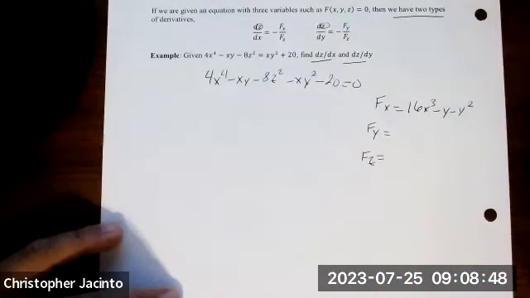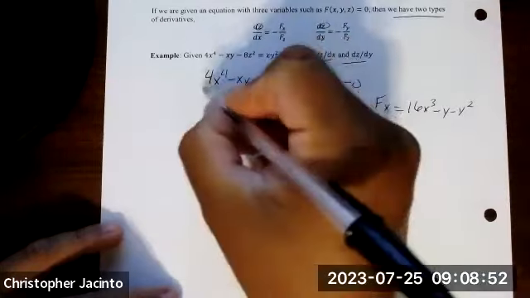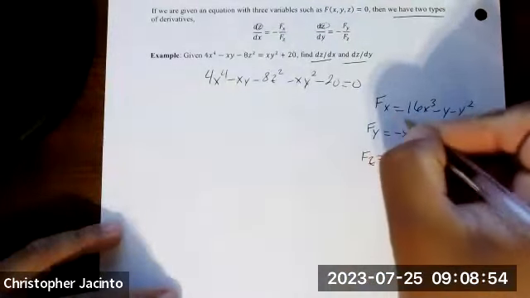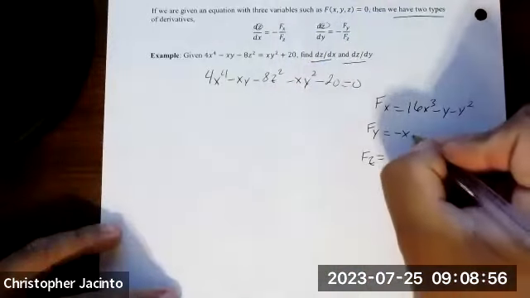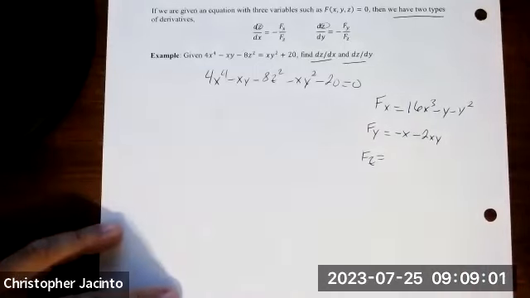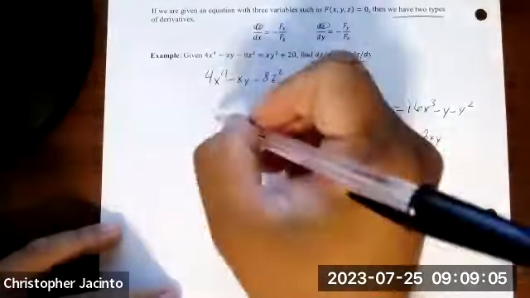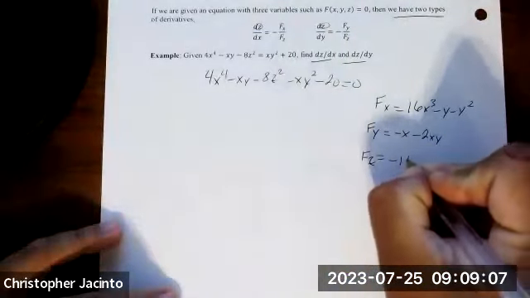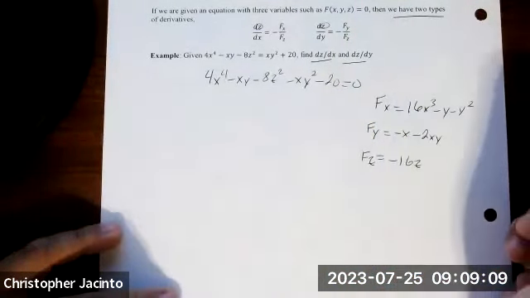It should give me that. Okay, then we do the same thing for y now. So that goes away. That goes away. And the 20 goes away. And then finally, with respect to z. So that goes away, that goes away. And I think that's it.